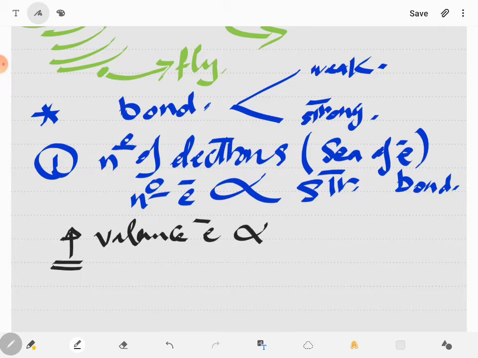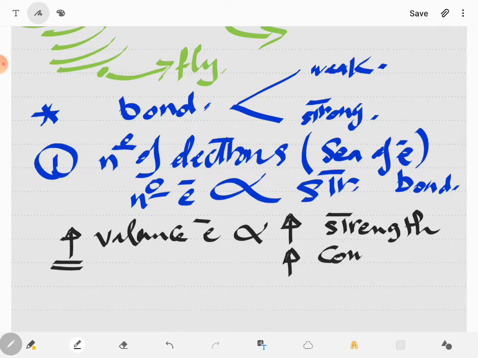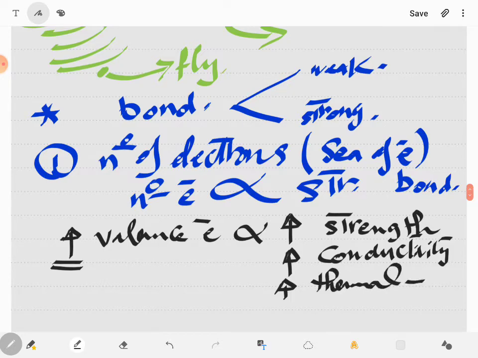If the valence electron number is high, it means high bond strength, meaning high electrical conductivity, and high thermal conductivity.